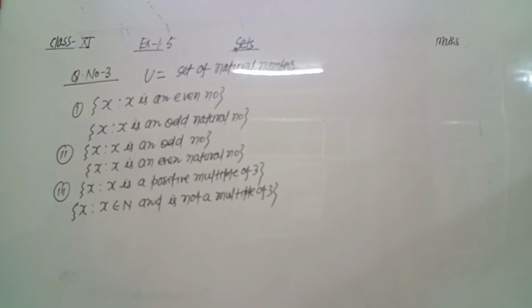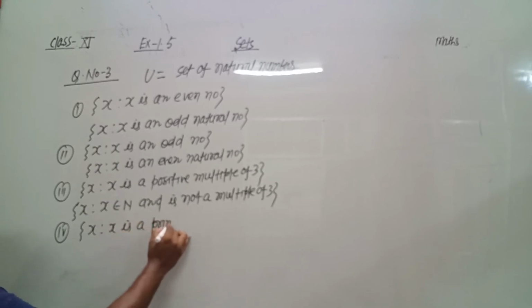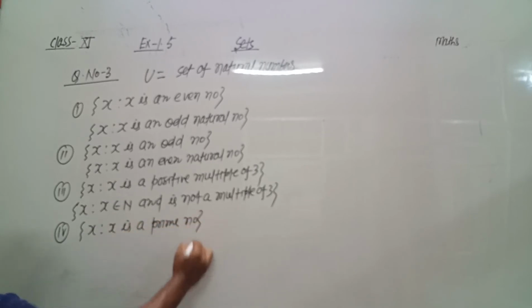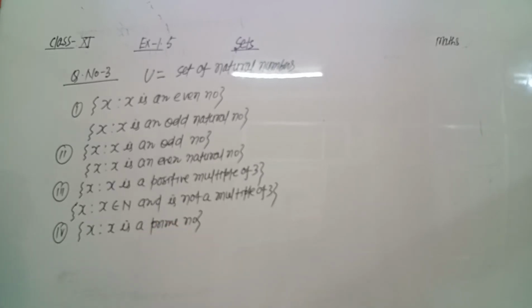Then the fourth part, {x such that x is a prime number}, and we have to write its complement. So {x such that x is a composite number}. If we subtract prime numbers from all natural numbers, what do we get? Composite numbers.